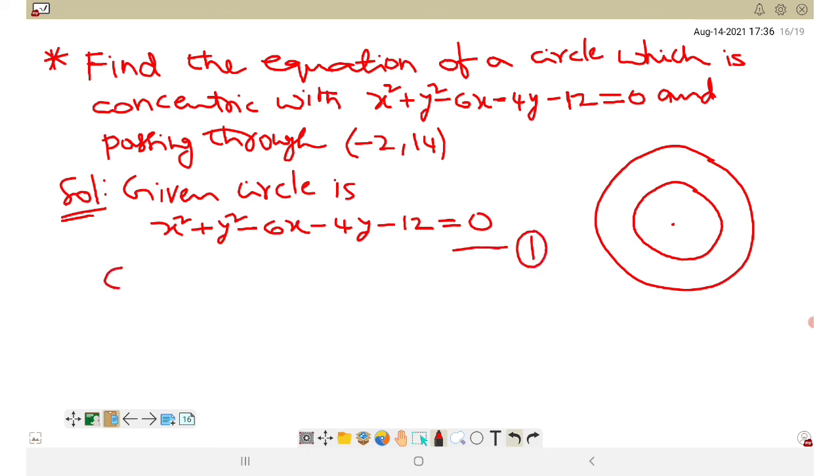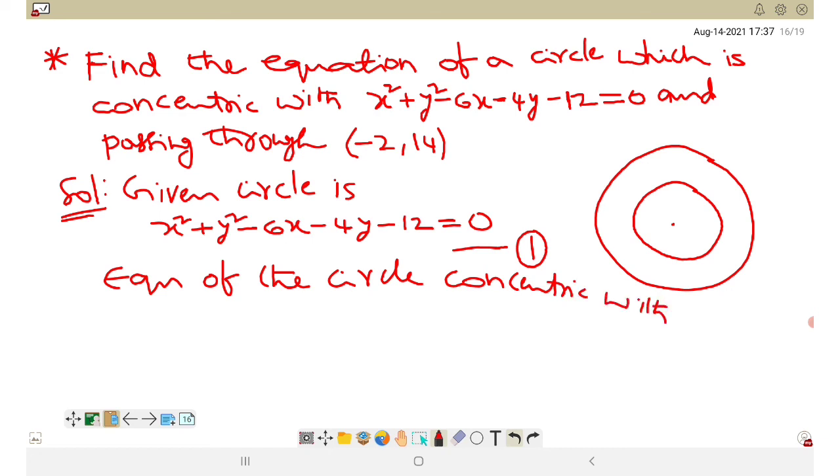Now the equation of the circle concentric with the given circle, that is equation 1, is x square plus y square minus 6x minus 4y plus k is equal to 0.